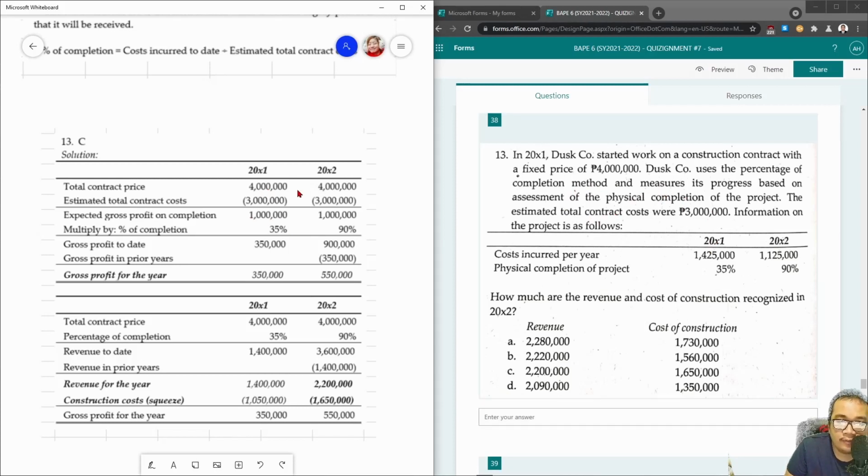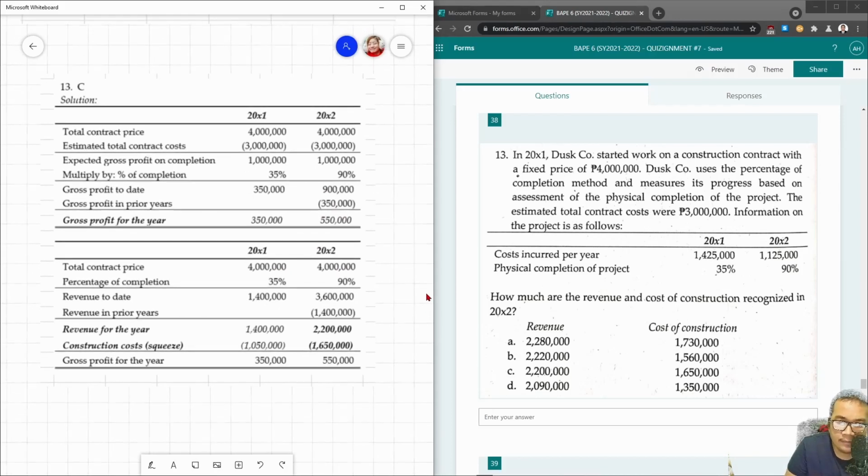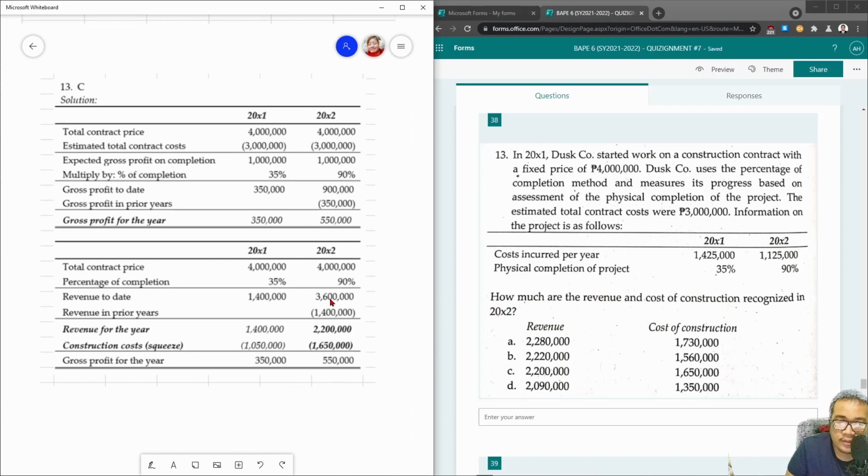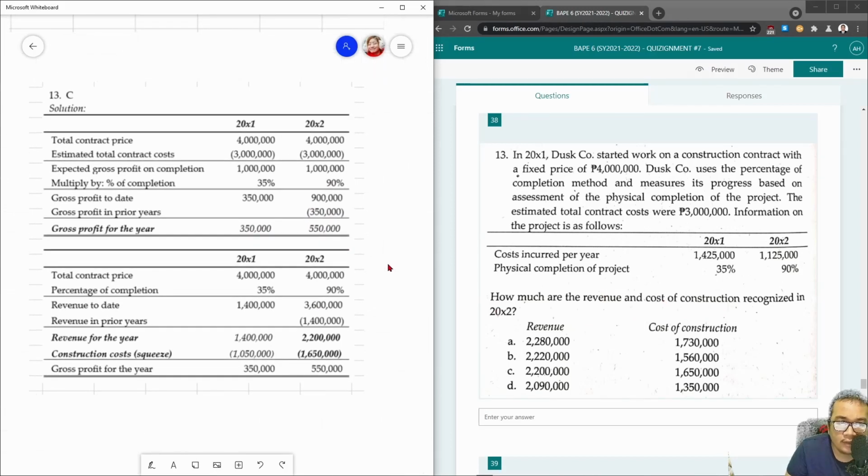So same lang. 4 million contract price, estimated total contract cost. Di ba? Expected gross profit at completion times 35% times 90%. Gross profit to date. Tanggalin cumulative, 350, 550. Pero ang pinapahanap sa atin, revenue and cost of construction. Yeah.